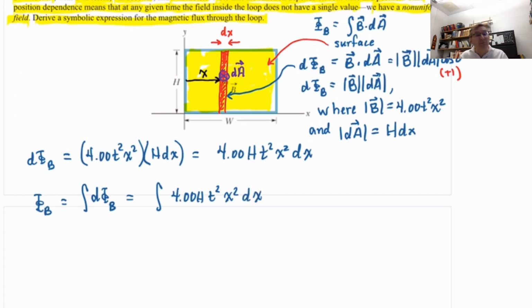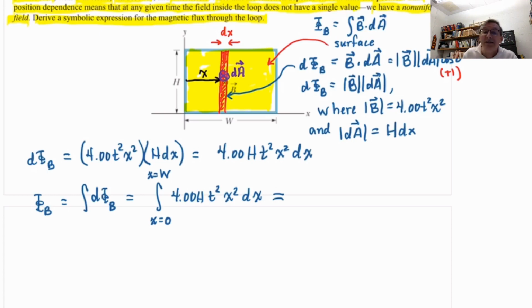Notice I'm integrating with respect to x from the x value at the left end to the x value at the right end. Okay? And so my limits on the integral are x values. And at the left end, the value of x is 0. And at the right end, the value of x is w. And I am to imagine that integral is done at an instant in time, freeze time, 1 instant. And then vary x from 0 to w.